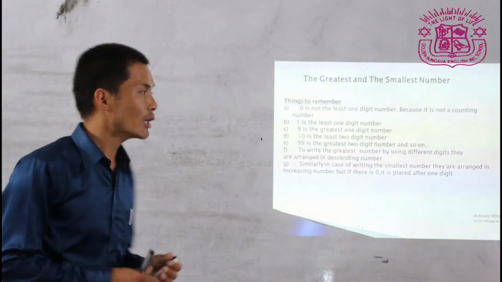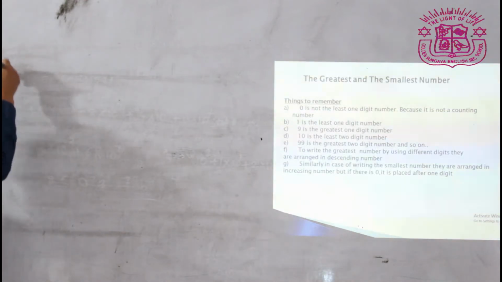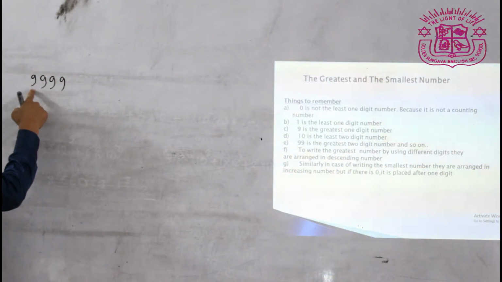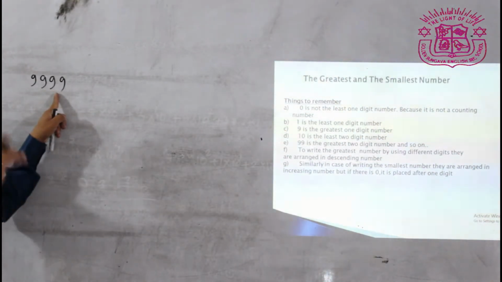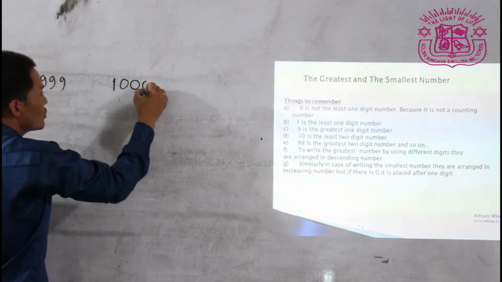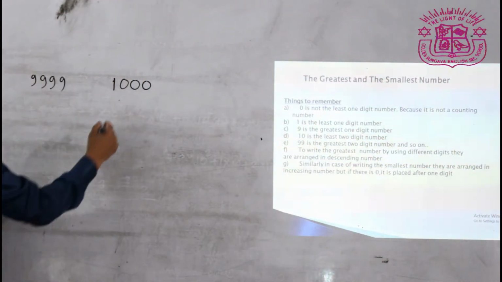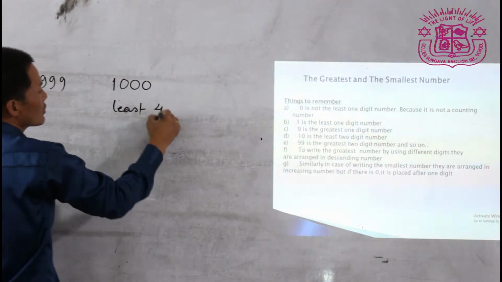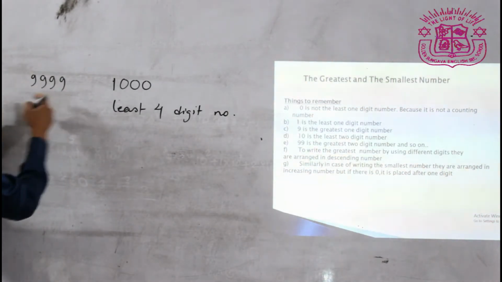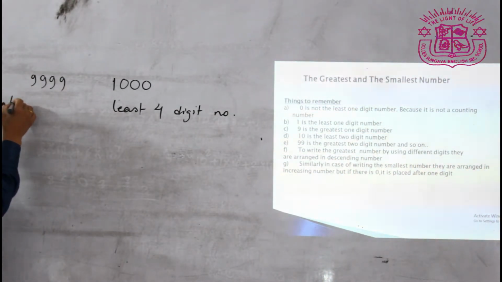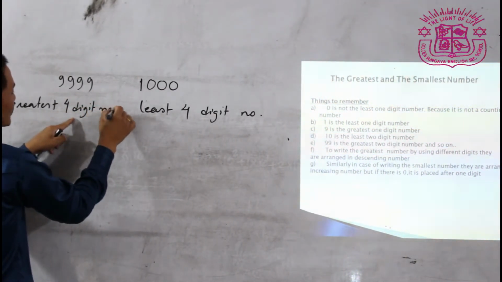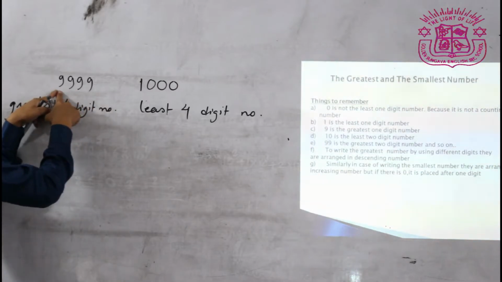In the same way, 1000 is the least 4 digit number, and 9999 is the greatest 4 digit number, since it has 4 digits, 1, 2, 3, 4.